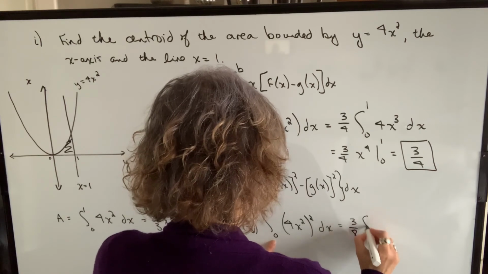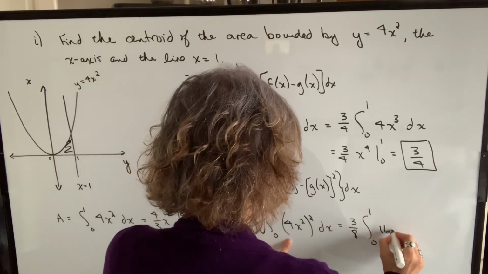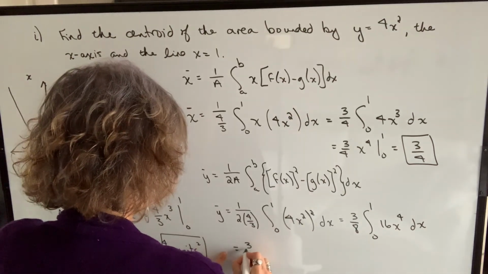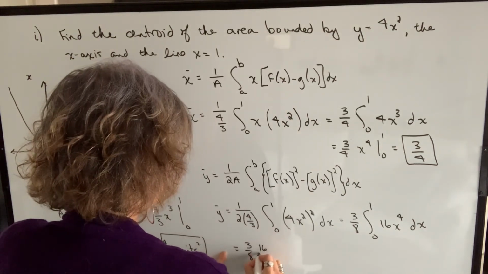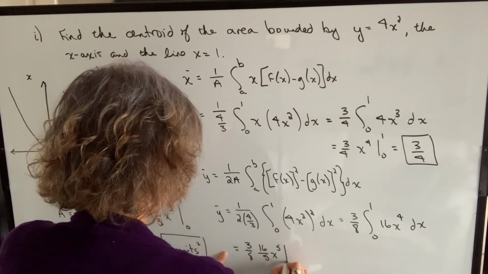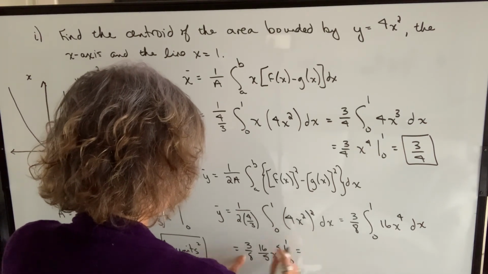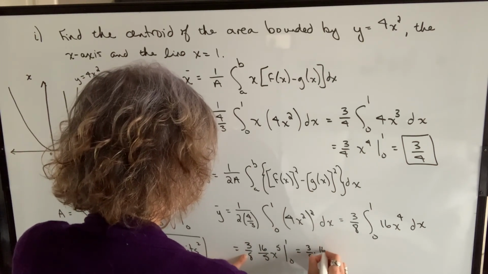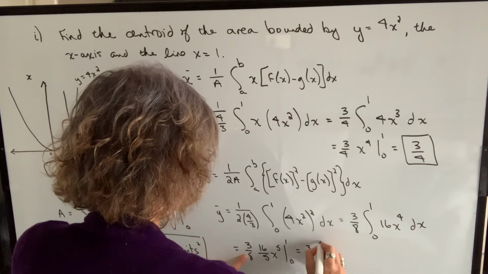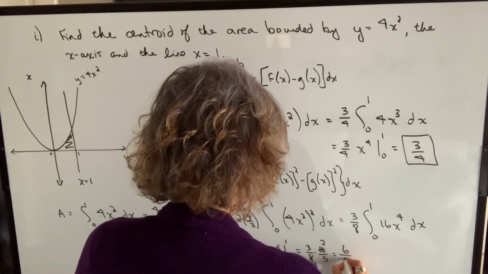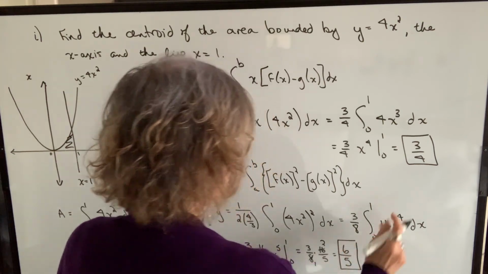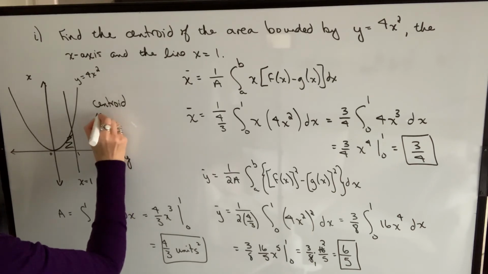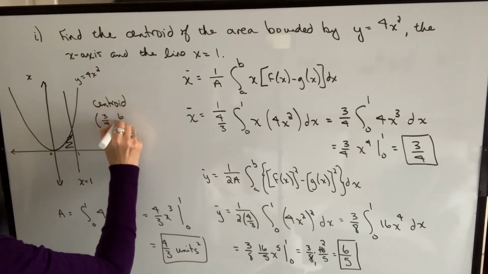And then the integral of 16x to the 4th dx. That will be equal to 3/8 times 16/5 x to the 5th. When I put a 1 in there, I get 3/8 times 16/5. The 8 will cancel to give me a value of 6/5. So I now have my two coordinates of my centroid. It will be located at the point 3/4, 6/5.